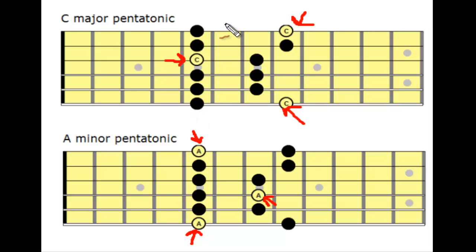No finger is being played on the 6th fret because there's no note in either of these scales. The third finger would be at the 7th fret, playing the notes that occur at the 7th fret, and our fourth finger would be playing notes that occur on the 8th fret. In a similar fashion, your first finger would be hovering above the key note A as a reference point for the A minor pentatonic scale.